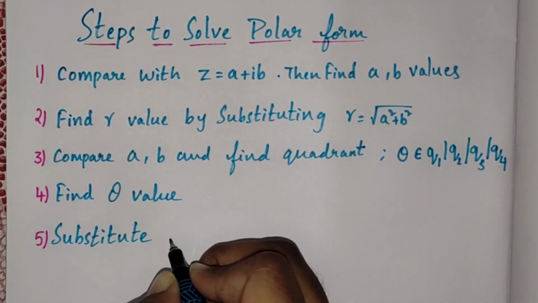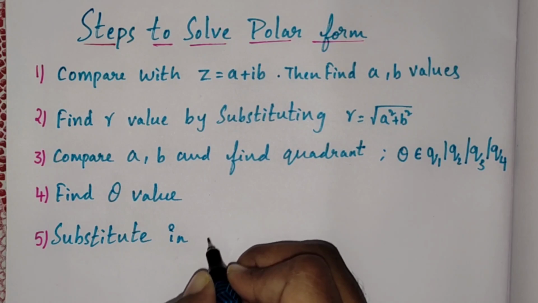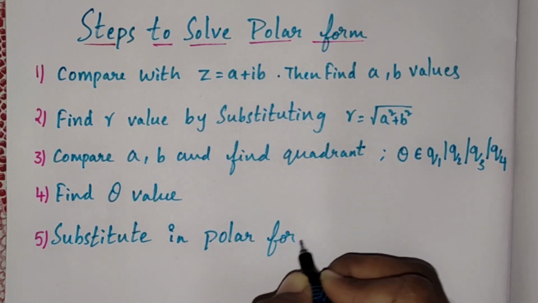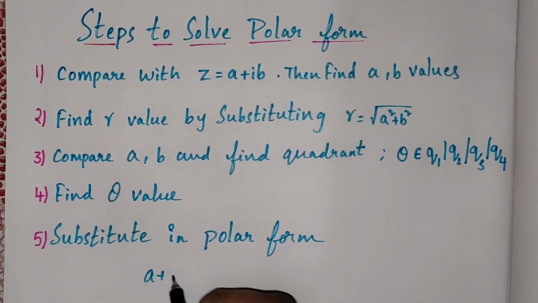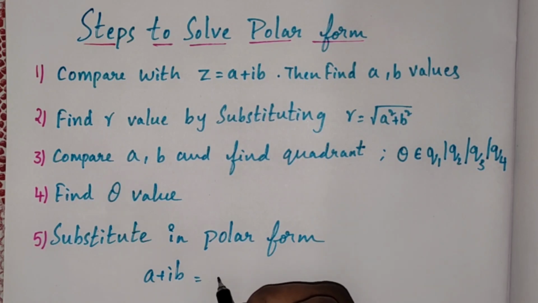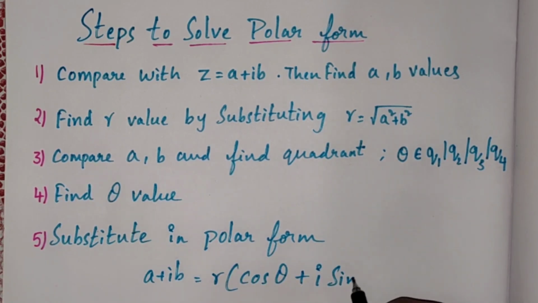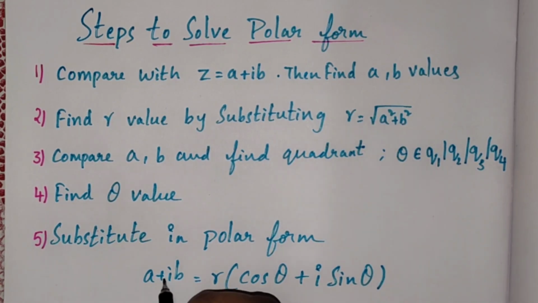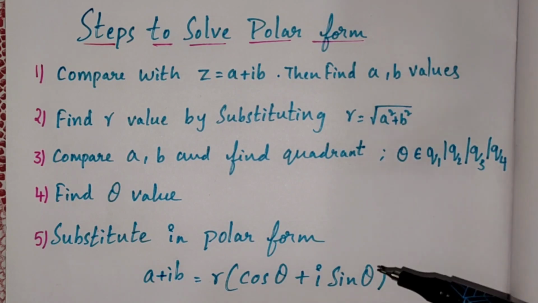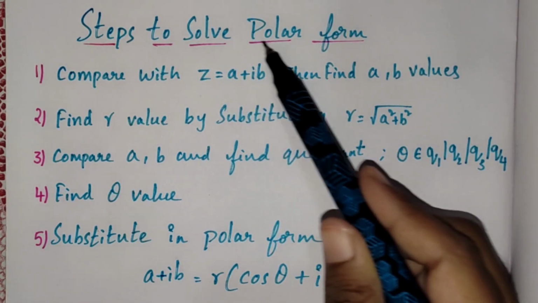Substitute in polar form. A plus ib equal to r into cos theta plus I sin theta. See the brackets. Follow these 5 steps and then you can easily solve this polar form.